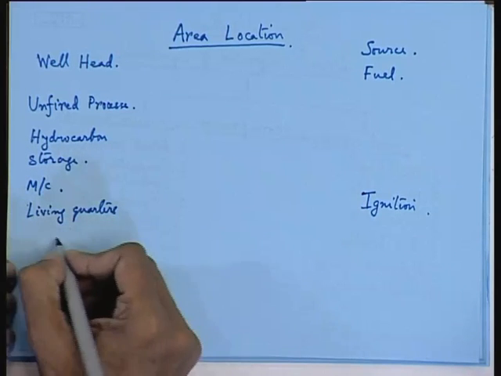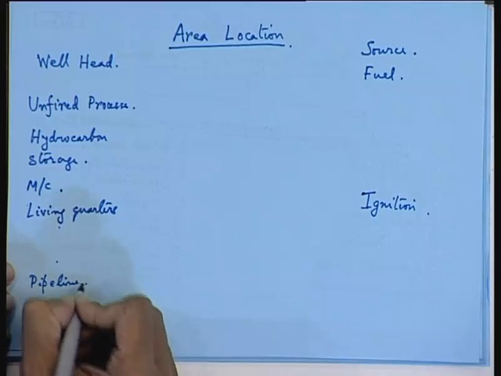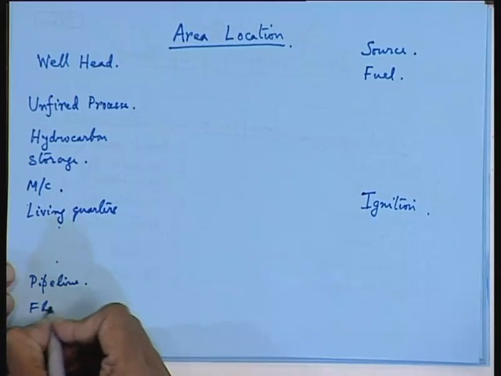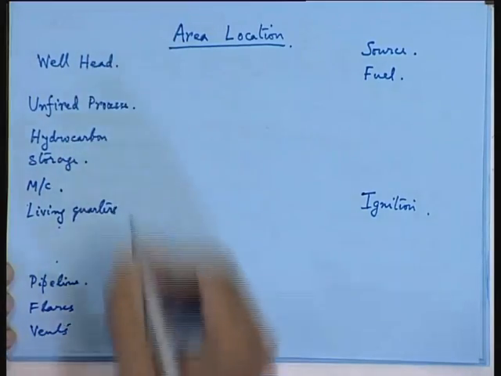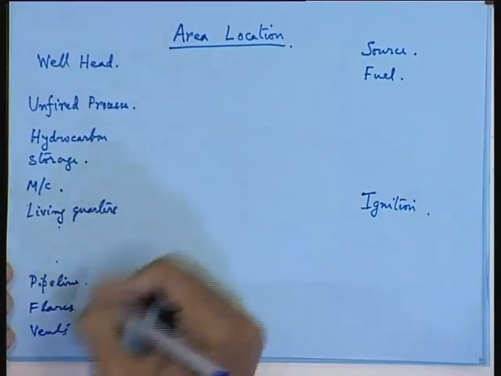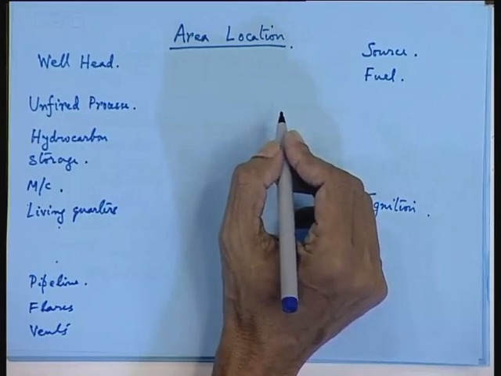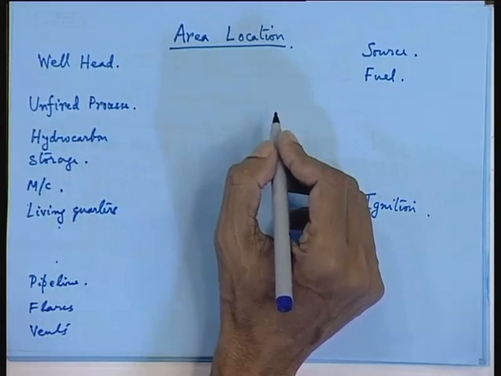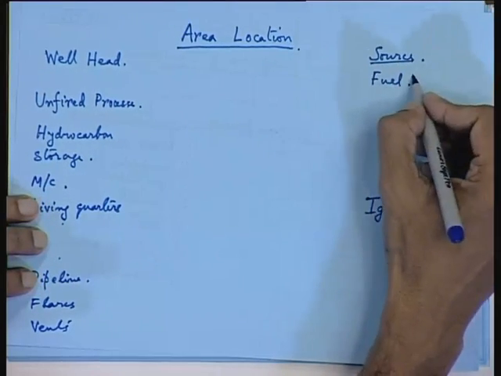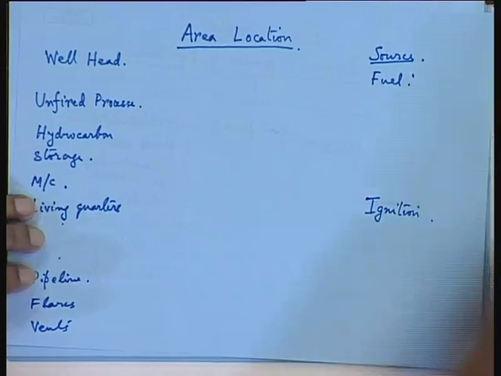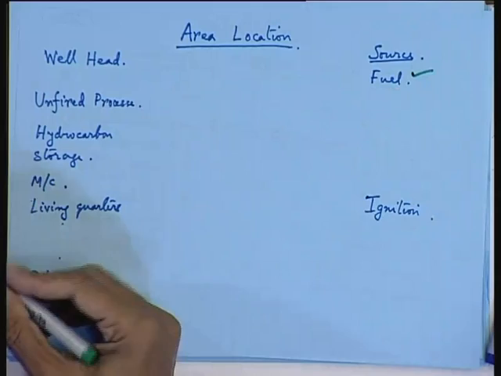Like this it will go on, then pipeline, then you have flares and vents. You allocate the areas for these operations, specific area requirements. Like this you formulate your objective, but again you segregate on the basis of these two sources, that is fuel or ignition source. So, you remember this.